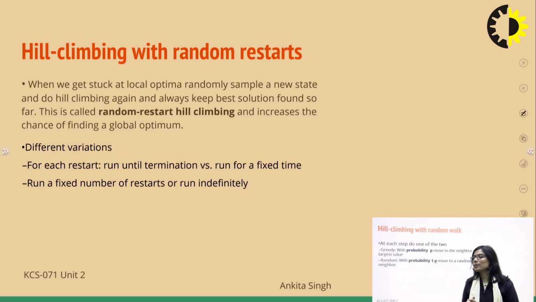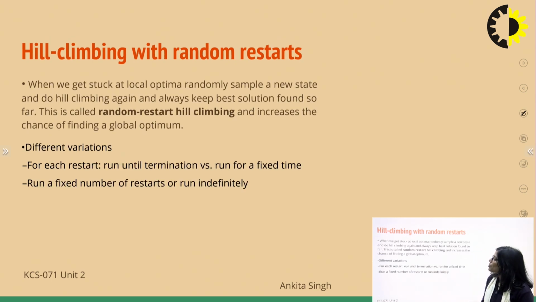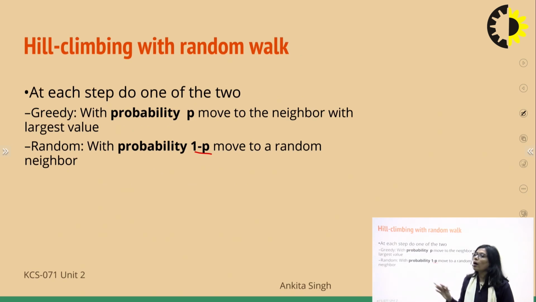By this way, with hill climbing with random walk, I can avoid getting stuck in local maxima. Now, in random restart, whenever we get stuck at a local optimum, we randomly sample a new value. In random walk, there were interleaved actions where in the first action I select the better node, and in the other action I select a random node.